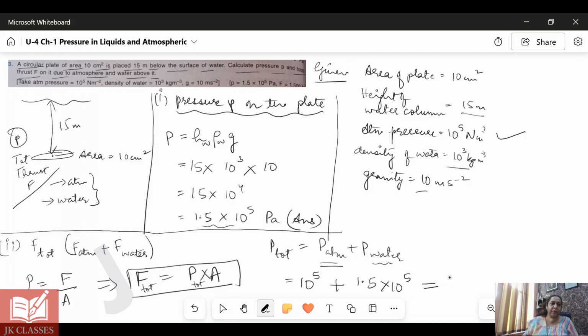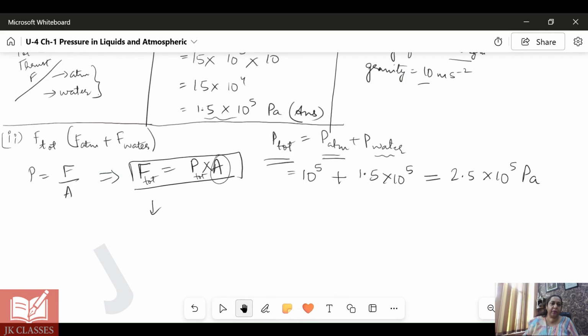and this gives us 2.5 into 10 raised to the power 5 Pascal. So now we have the total pressure. Area also we have been given. Area of plate is 10 centimeter square. It will give us 0.001 meter square.